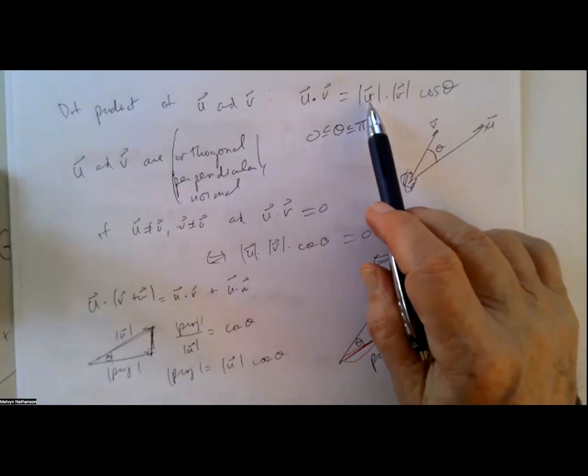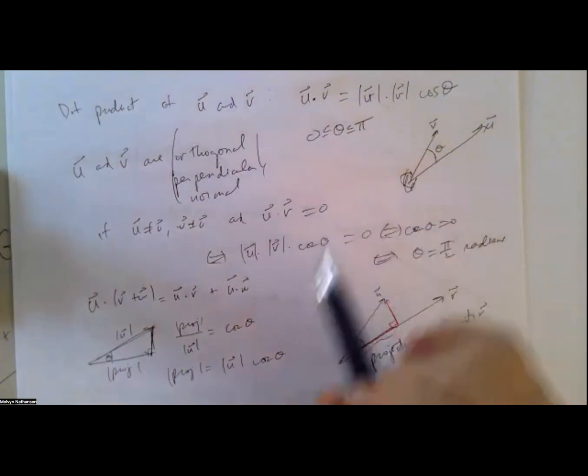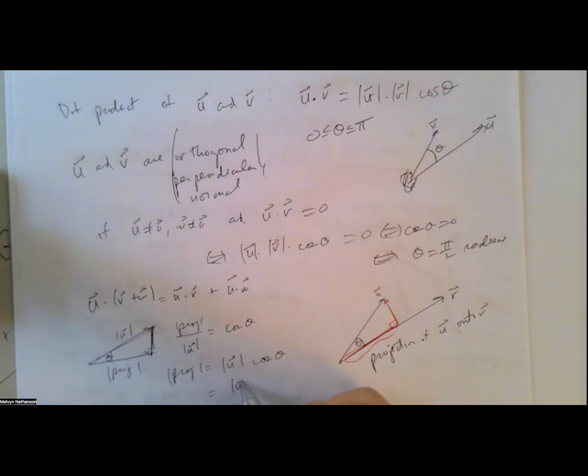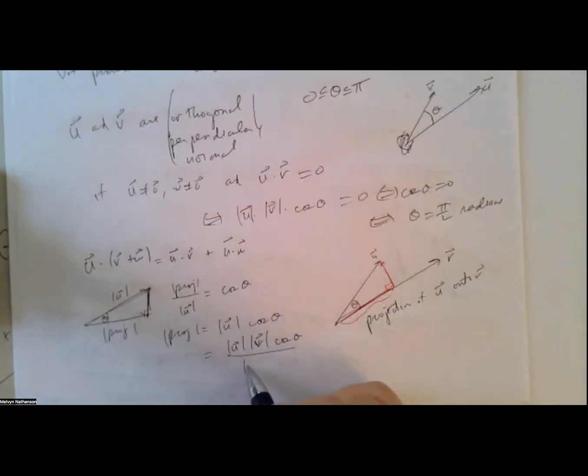Now, the length of U times the cosine of theta is almost the dot product. If I write this as the length of U, length of V times the cosine of theta, of course, if I stick this length of V in, I have to divide by it. So this is an equality.